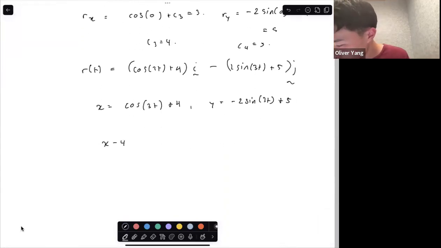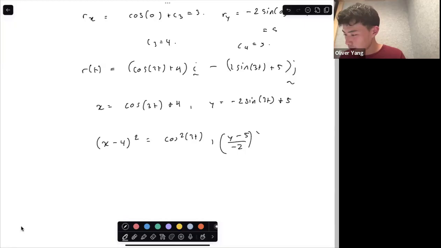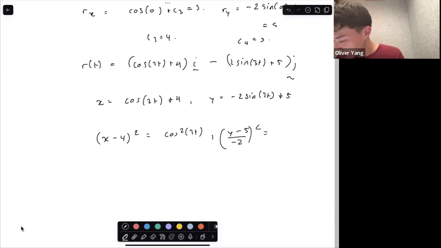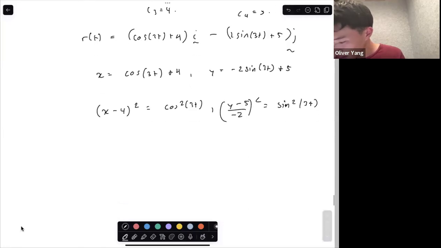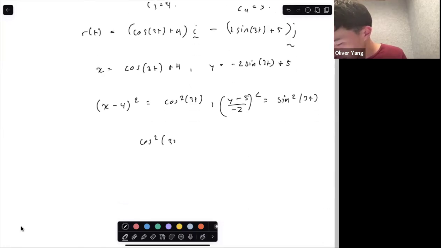Okay, so x minus 4 squared equals cos squared 3t. y minus 5 divided by negative 2, squared, equals sine squared 3t. And then we know that cos squared 3t plus sine squared 3t equals 1.